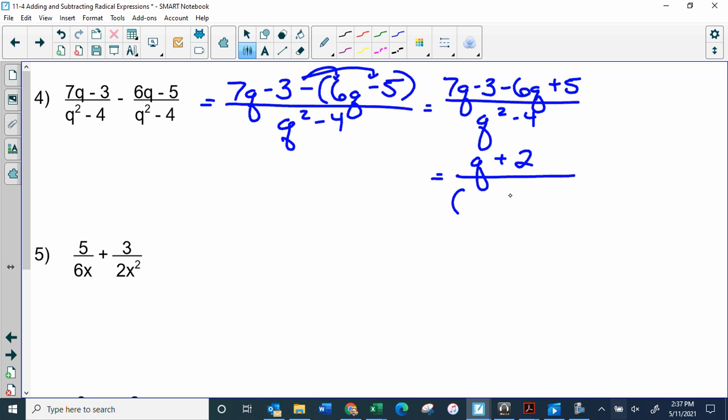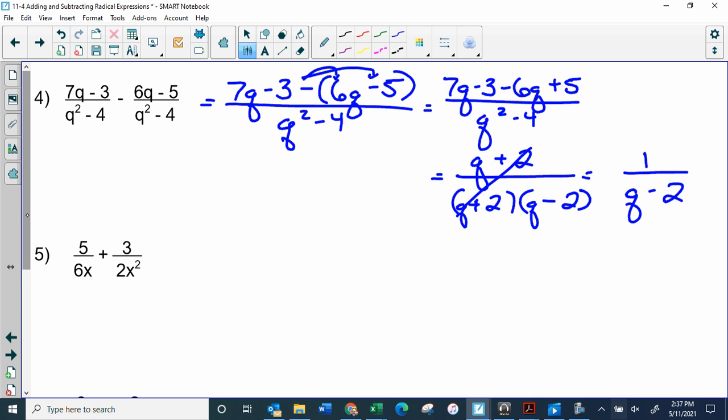So that can be factored into the square root of q squared is q, and the square root of 4 is 2. And one of these is plus, and one of them is minus. That's a special case that you would just have to memorize. Now I have a q plus 2 over a q plus 2. Those will cancel out. And so my final answer is 1 over q minus 2.